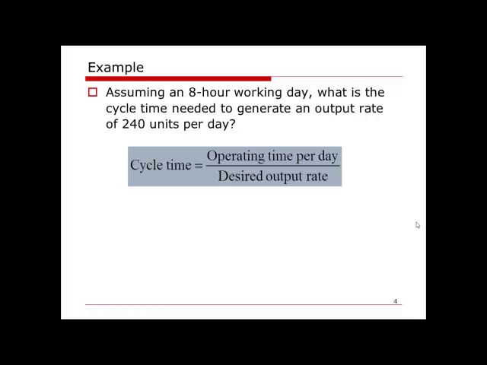The relationship between cycle time, operating time, and output rate is that cycle time equals the operating time per day divided by the desired output rate.